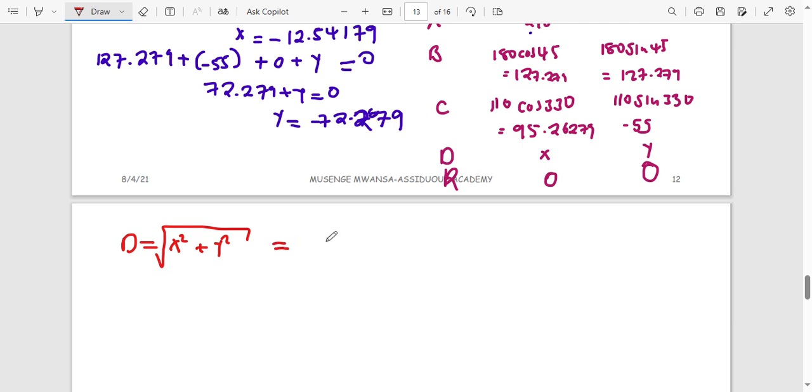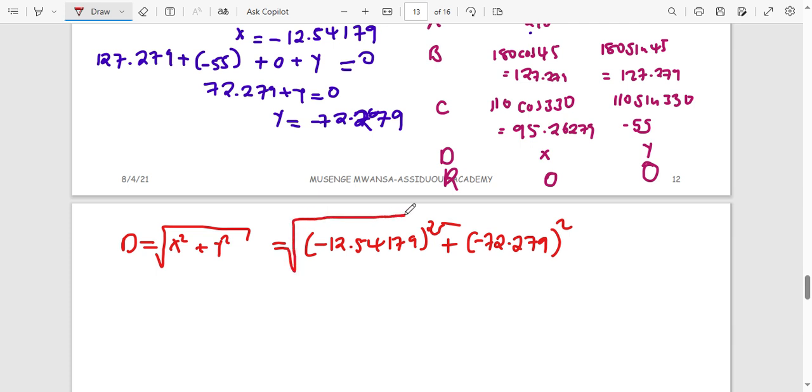So that is going to be negative 12.54179, square it, plus negative 72.279, square that, and square root. So negative 12.54179 squared plus the other one squared, and then we square root the answer.